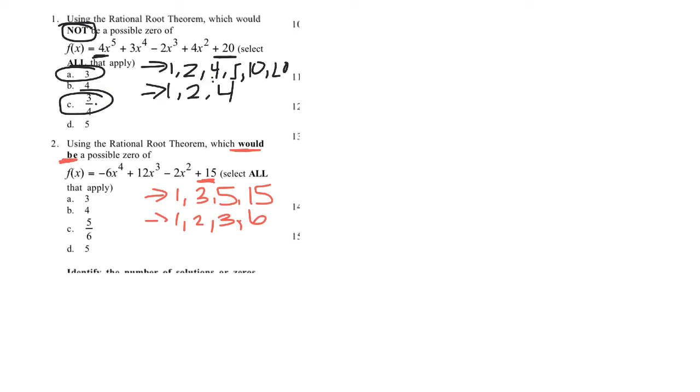So 3 is on that list, that's a possible zero. 4 is not on that list. If I look at 5 over 6, so 5/6 would be on that list, and so would 5. So my answers are C, A, C, and D.